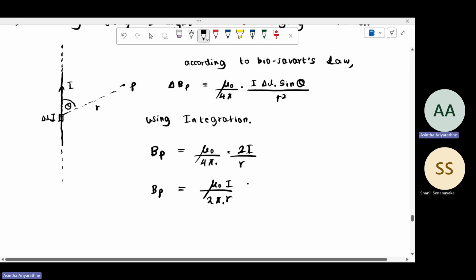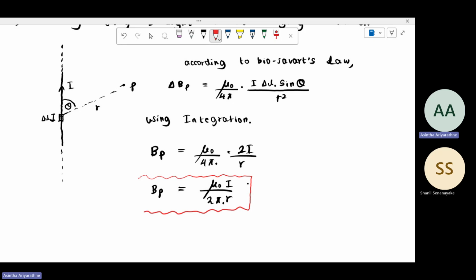Right, so this is the expression of the magnetic flux density at a distance of r of an infinitely long straight current carrying conductor. Using integration, you can try this actually. What you have to do is integrate from minus infinity to positive infinity.